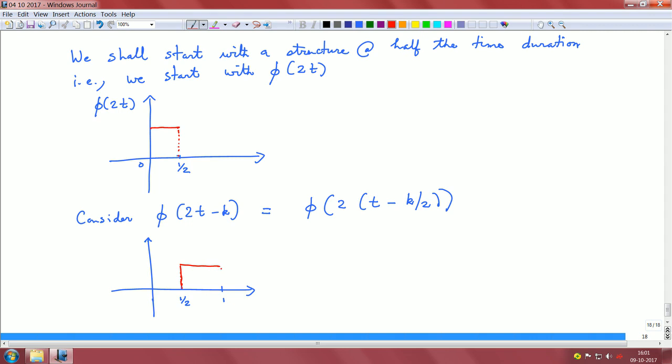This is how we will have it, okay. Observe the discontinuity point here. This is 1, indicating this is 1.